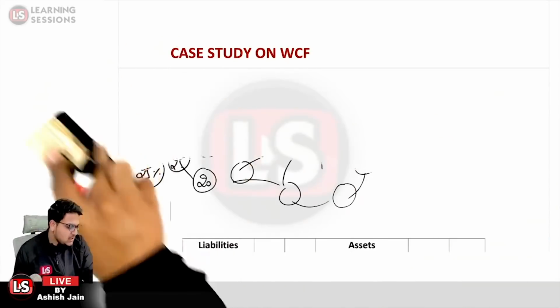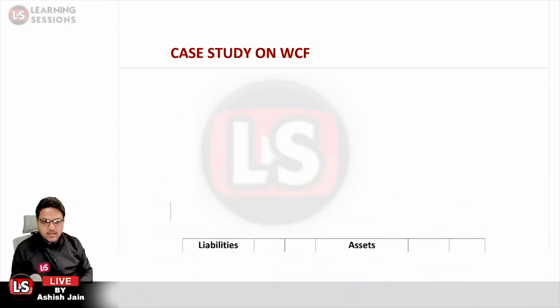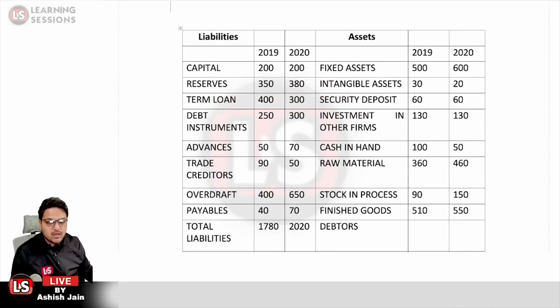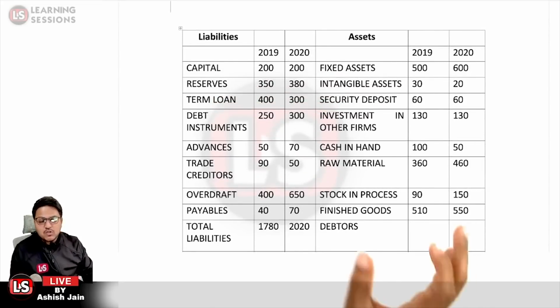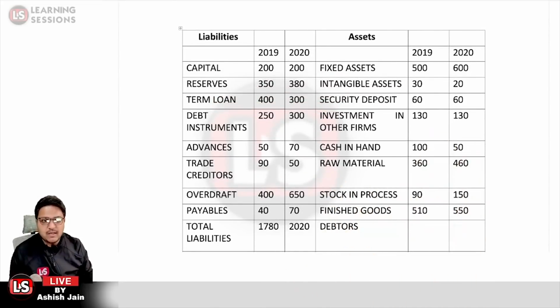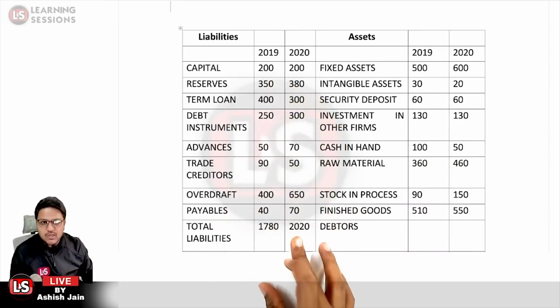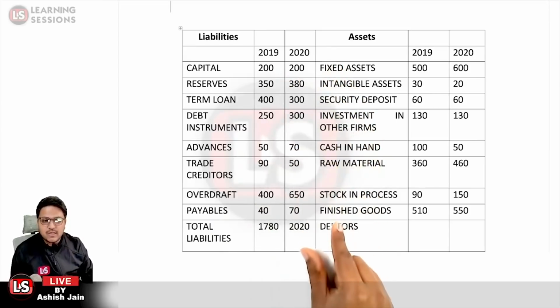Okay. So now let's move to the table, which provides the information of the assets and the liabilities for the different years, 2019 and 2020. For this question specifically, we are assuming that 2019 is the current year situation and 2020 is a projected situation.